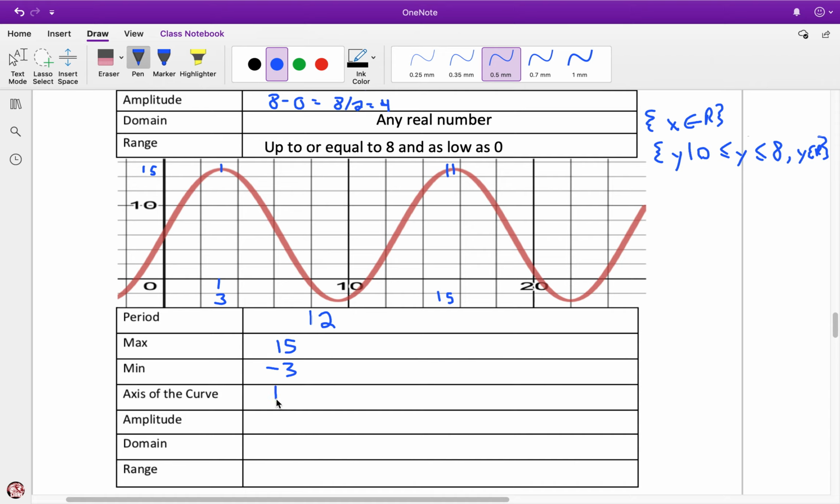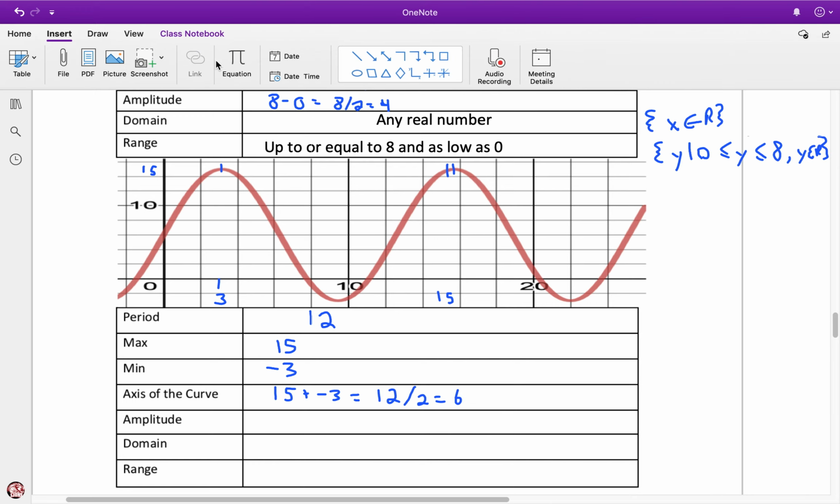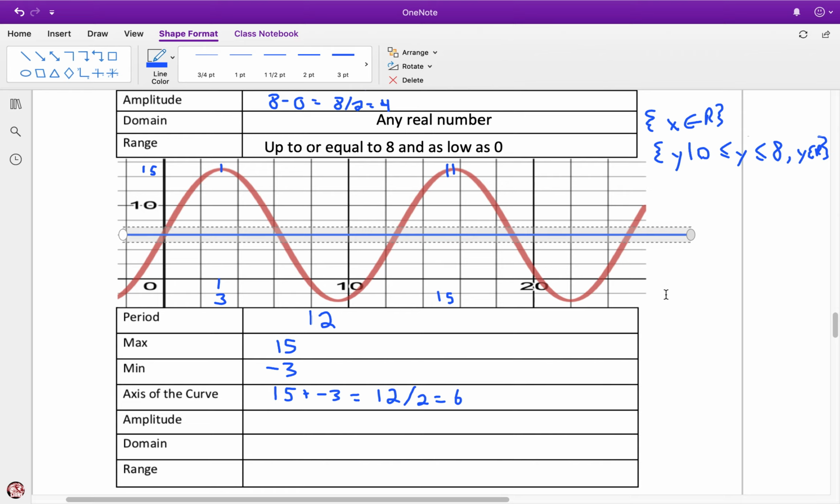So let's do our equation now. For this one, you add them. It's 12, and 12 divided by 2 equals 6. So if I were to drop in my line here, 2, 4, 6, there is my axis of the curve.